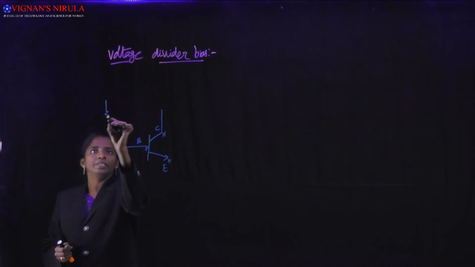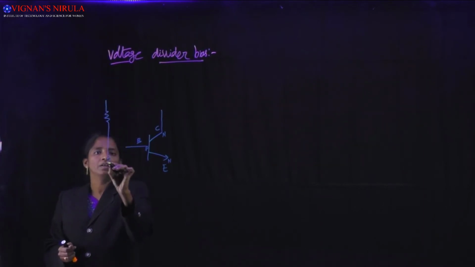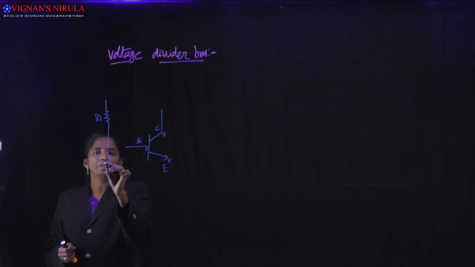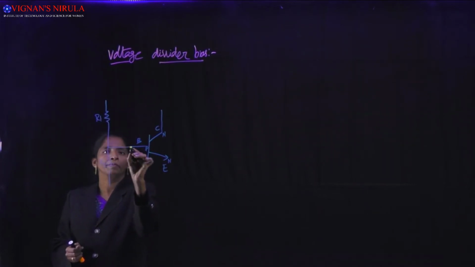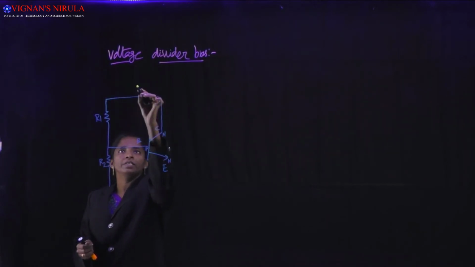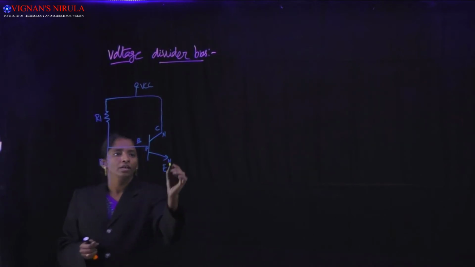The resistors R1 and R2 form a voltage divider bias circuit. The end of the resistors is connected to VCC, the supply voltage.